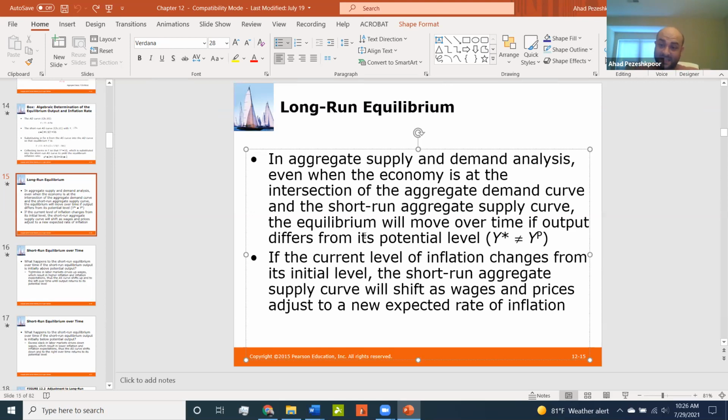And if it's less than the potential level, it would have to go up. If the current level of inflation changes from its initial level, the short-run aggregate supply curve will shift as wages and prices adjust to a new expected rate of inflation.